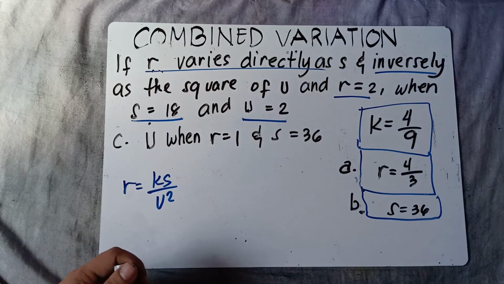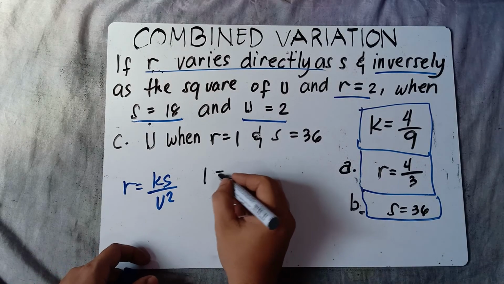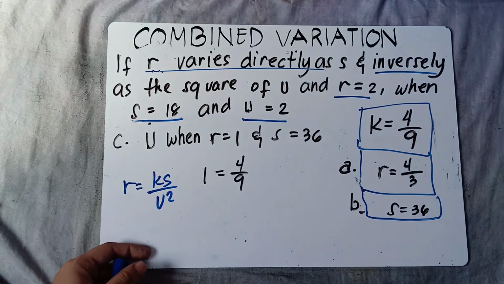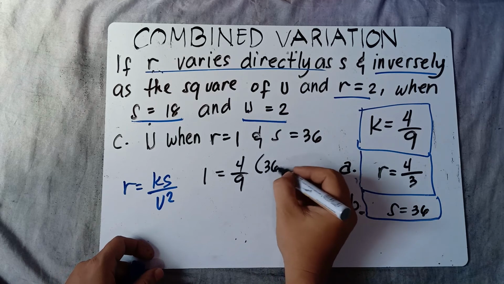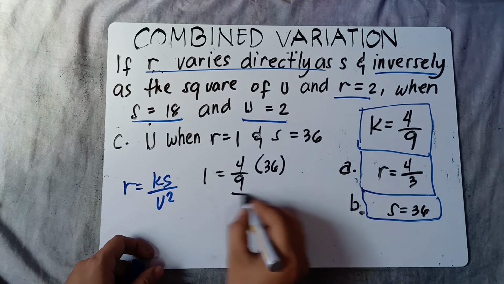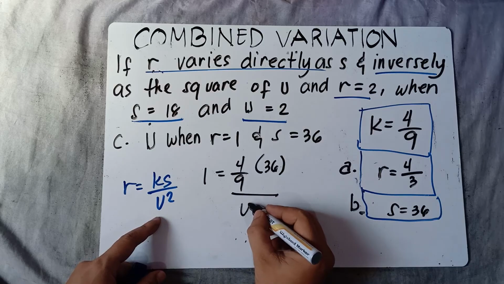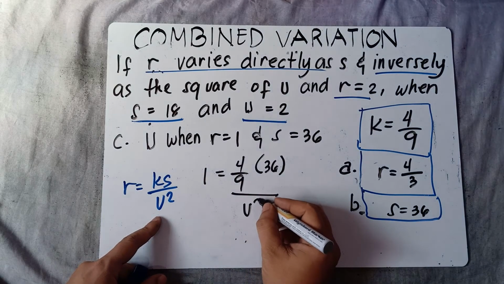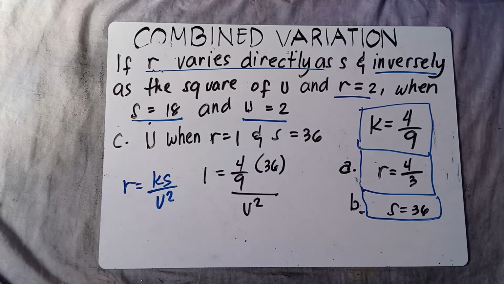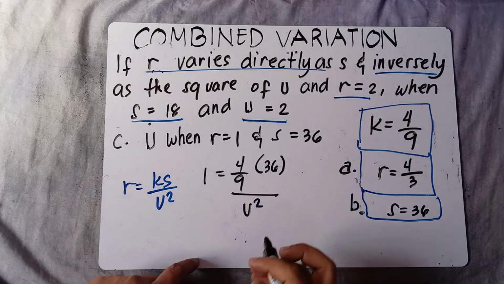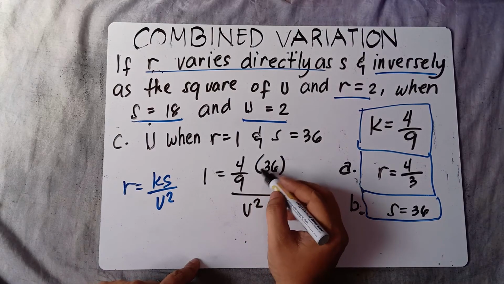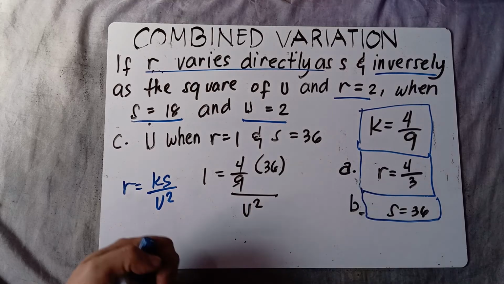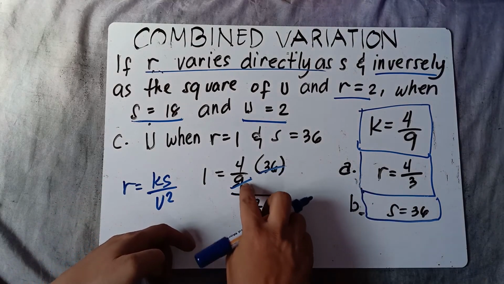Alright, substitute the value of R. So we have 1 equals K, which is 4 over 9, and then S is 36. We have 4 over 9 multiplied by 36 over U squared, since you are told to find U. You can cancel 36 and 9. 36 divided by 9 is 4, and 9 divided by 9 is 1.